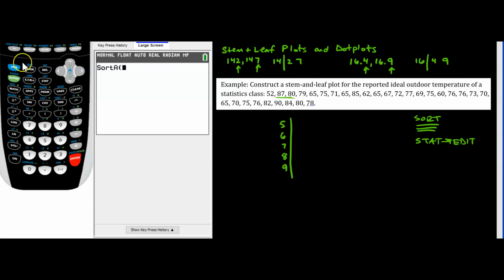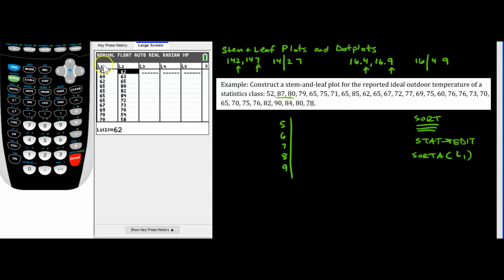So I'm going to press second, that's up here, number 1, to tell the calculator to sort list 1 in ascending order. And it just says done. Here, let me just write this down real quickly. So we're saying sort A, list 1. Now if I go back into Stat Edit, there's my first list with all of my data in order.